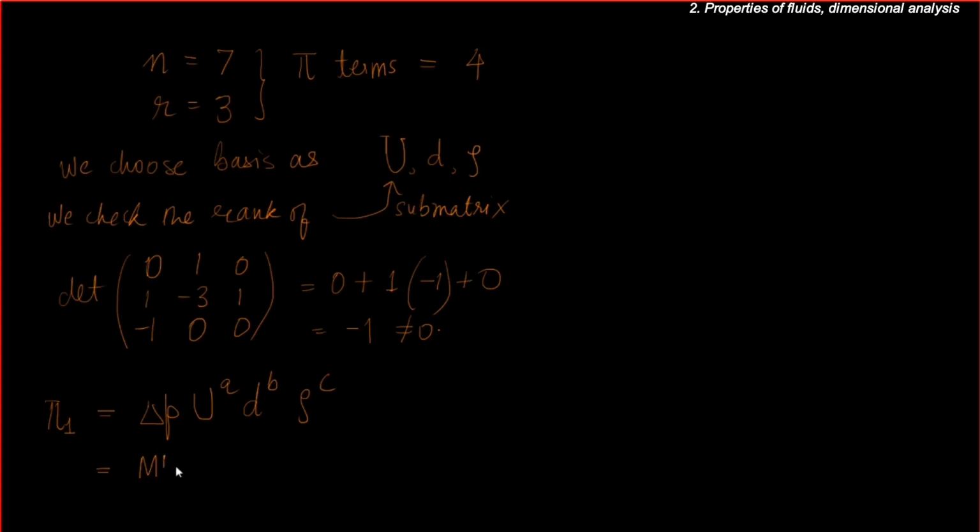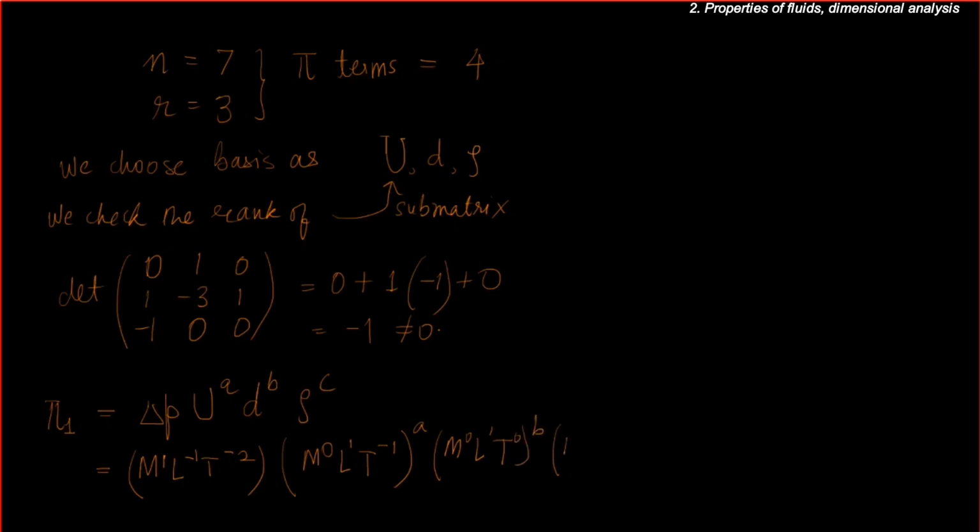And it does come out to be equal to -1, which is not equal to 0. So we can choose u, d, and rho to be a basis for all the other terms. Now comes the important part, finding out the pi terms.